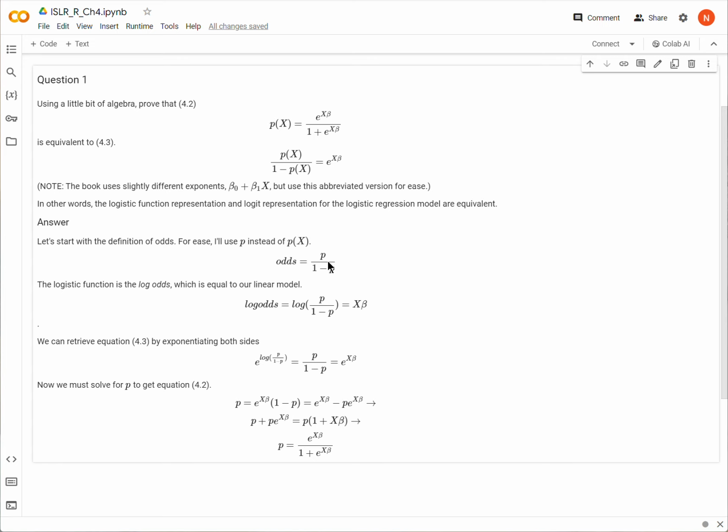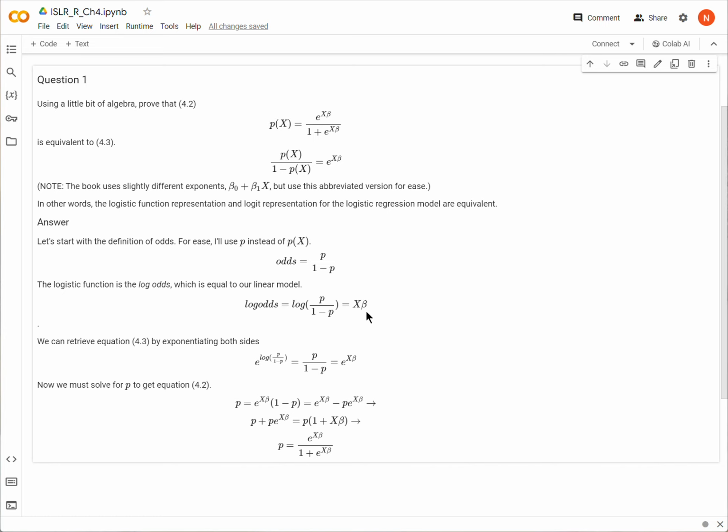Now again, the book is using p of x, and I'm just abbreviating that with p. And the logistic regression is the log odds. Okay, so here's log odds, and it's the log odds that is equal to our linear model xb.